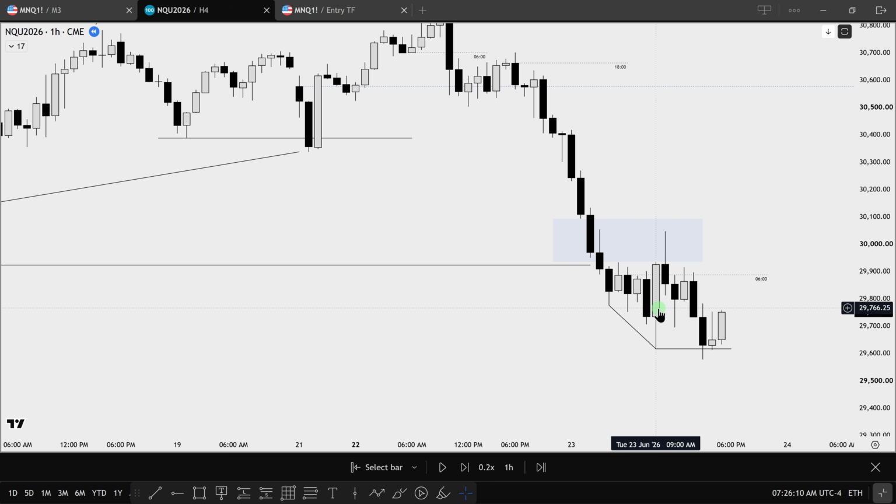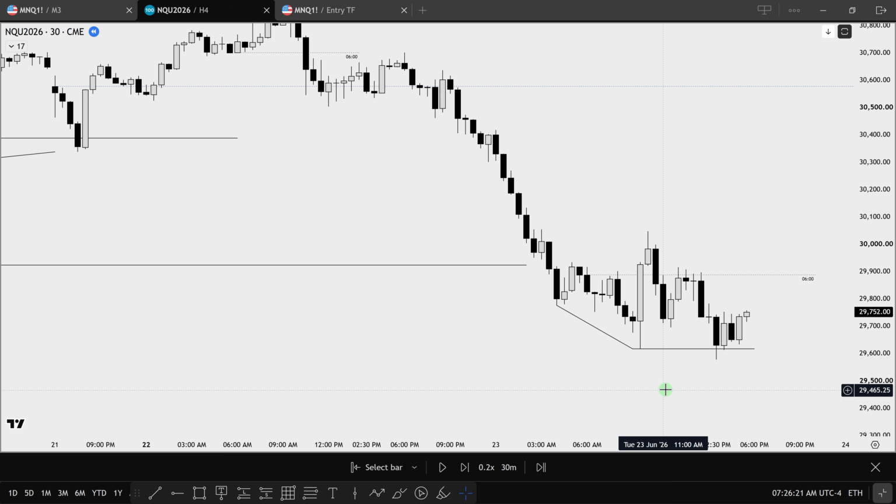And can we trade this candle, which is 9 a.m.? Yes, look at this. The wick is not too huge, so we can trade this, but we would need to drop down to the 30-minute time frame to see if we have any swing here.